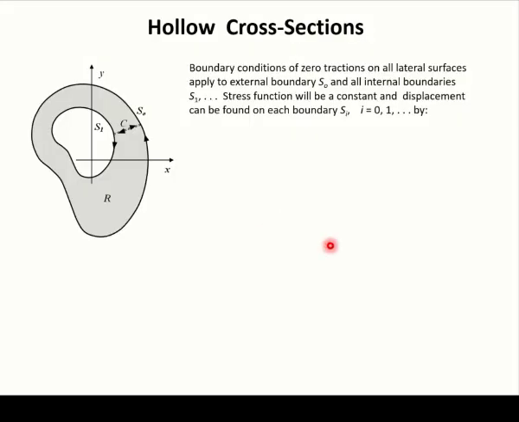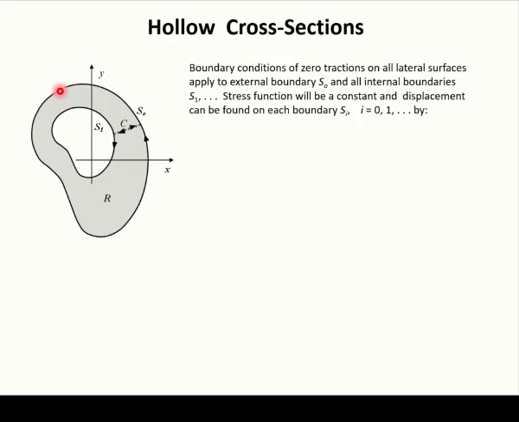Another topic in these torsion questions is what happens if you have hollow cross sections, where you have holes inside the cross sections. Similar to the outside, there will be no tractions on these inside surfaces as well, and there will also be no tractions on the outside surfaces.